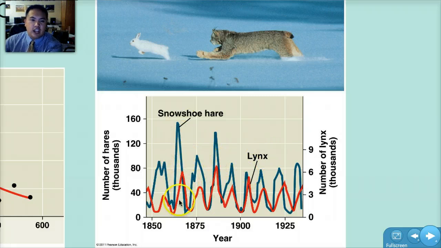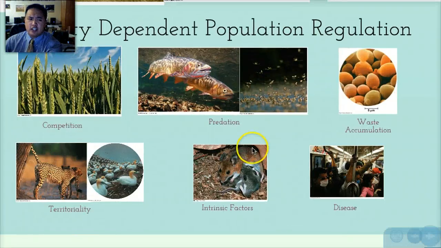So the lynx eat the hare, and their population grows. When their population grows and they eat all the hare, then the hare's population drops. When the hare's population drops, the lynx have nothing to eat, so their population drops. Then the hare grow again, which means the lynx grow again, which means the hare shrink, which means the lynx shrink, etc. I think you get the pattern. That's another example of density-dependent regulation.